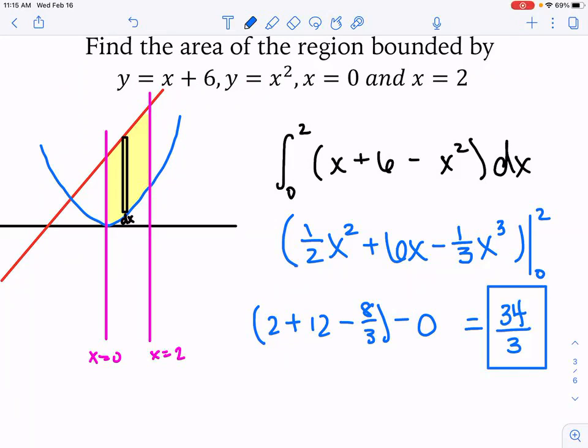So you have this. Which one is the top function? So this would be negative area, right? Minus more negative area.